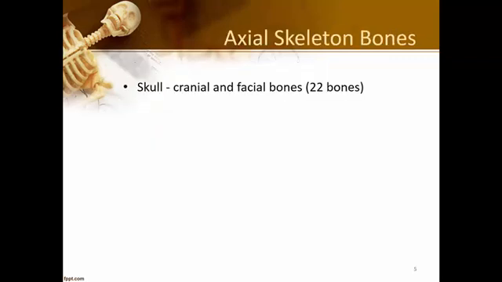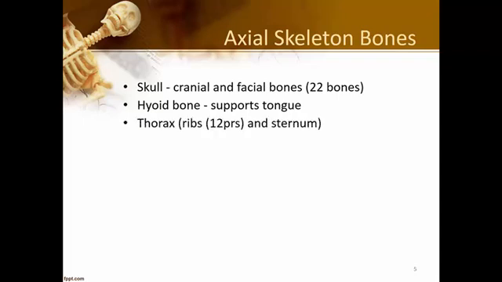So the skeleton is divided into the axial and appendicular skeleton. The axial skeleton contains the skull, so all the cranial and facial bones, so your head, and your thorax or your ribs. The hyoid bone is in your neck and it supports your tongue. It's actually a bone that's missing on the skeleton that's hanging in the classroom because it's not attached to another bone, so it would just have to float there.